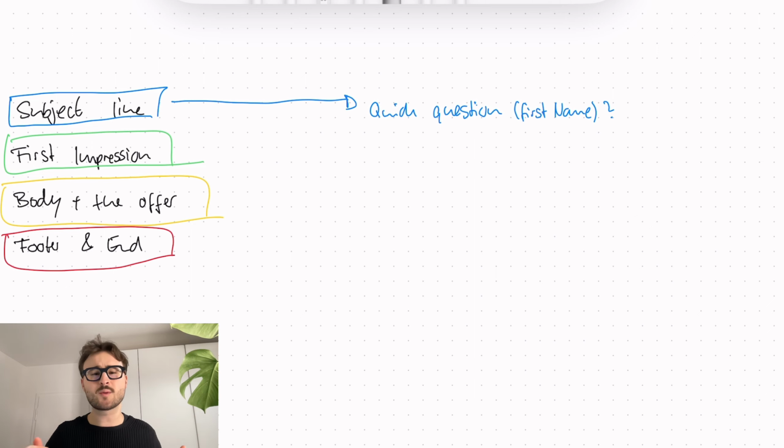For example, quick question for first name, or first name, quick question, question mark, and all those things. So it's not rocket science. Stick to those things. Trust me, they work the best. Do an A/B test. One fancy subject line, and one normal subject line, like this, one generic basically. You will see from the subject line perspective, this will work the best.